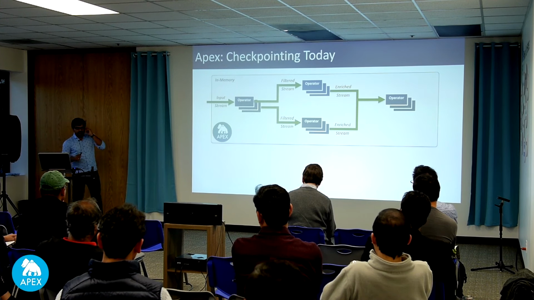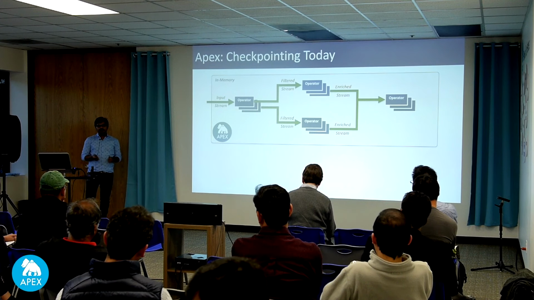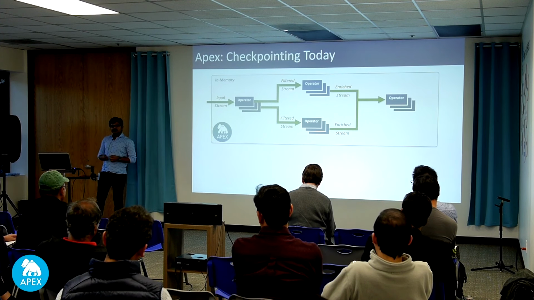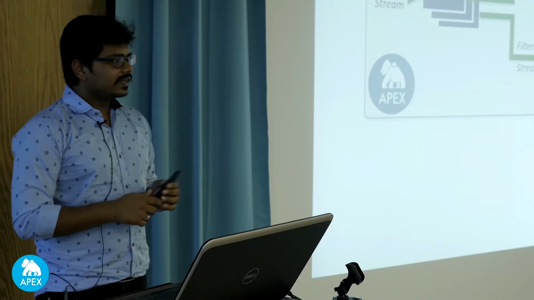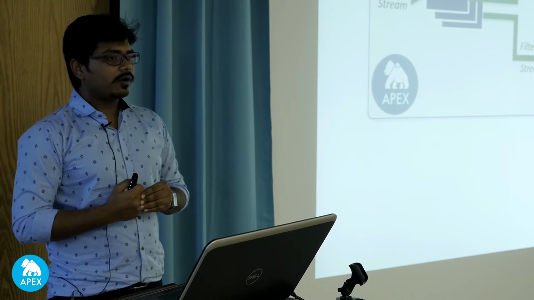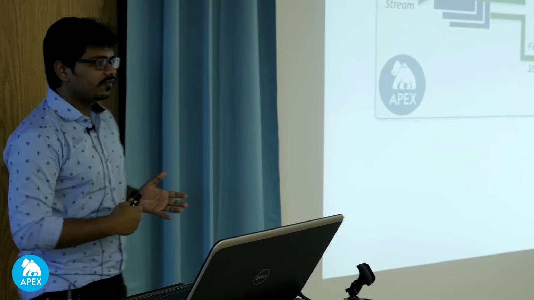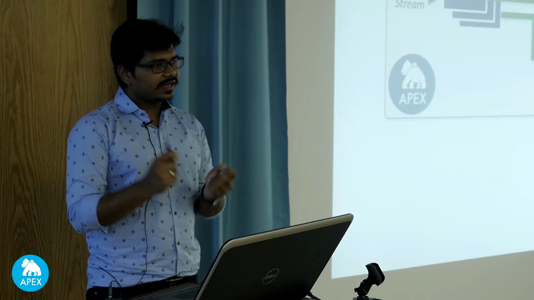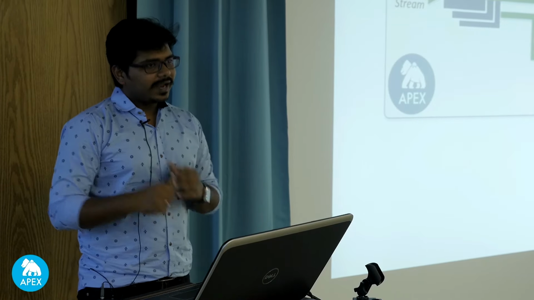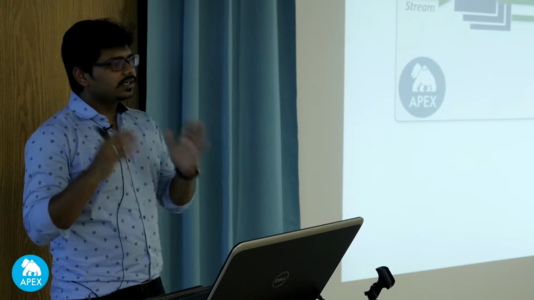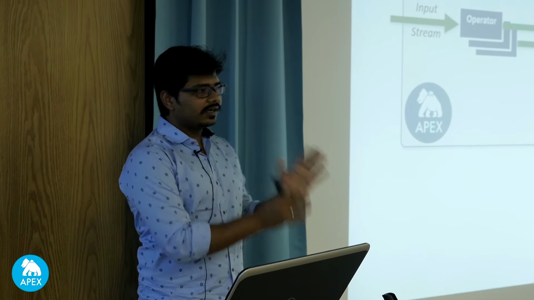Now, one of the key features of any streaming technology, and Apex in particular, is to ensure the resiliency of the entire platform and ensure that it is able to recover from node failures. How that is obtained is using a functionality called checkpointing. The platform underneath, without user intervention, keeps checkpointing at periodic intervals.